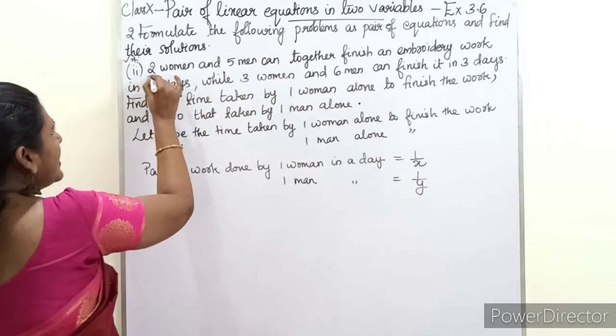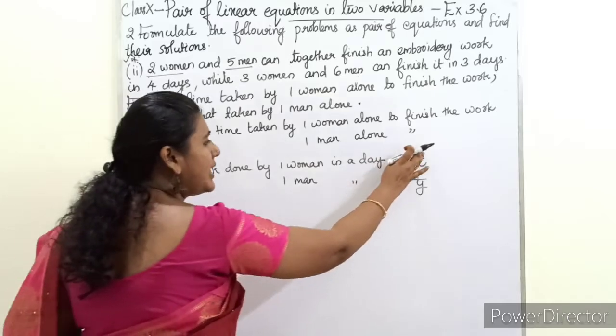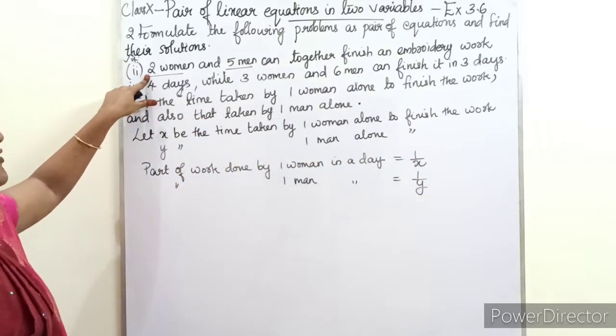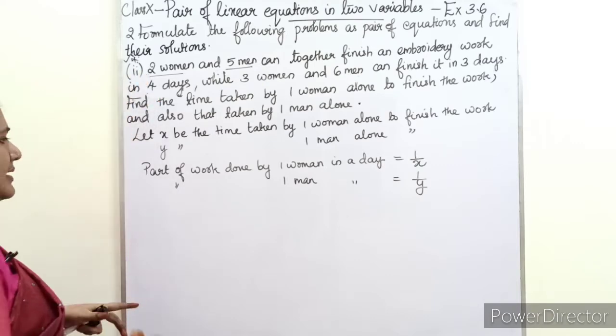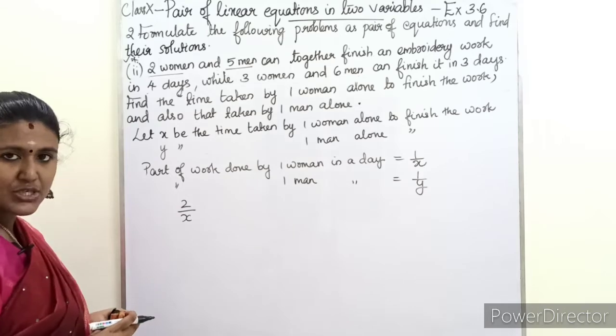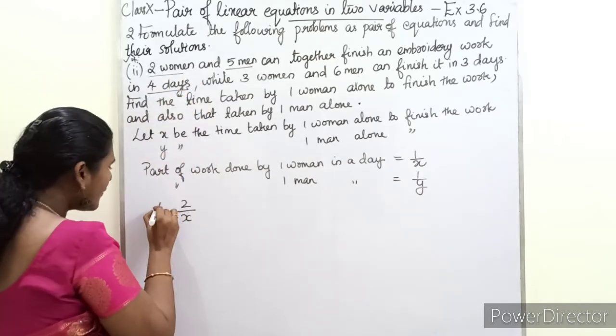2 women and 5 men. One woman can complete 1 by x part of the work in a day. So what is the fraction of work completed by 2 women? That is 2 by x. How many days are they doing it? For 4 days.